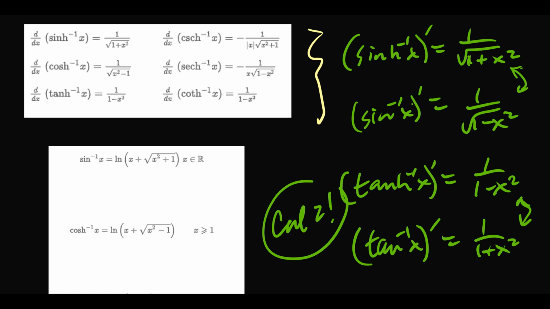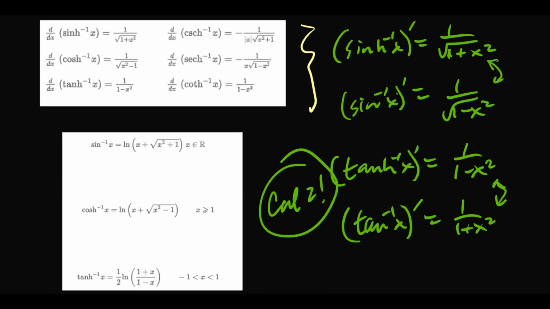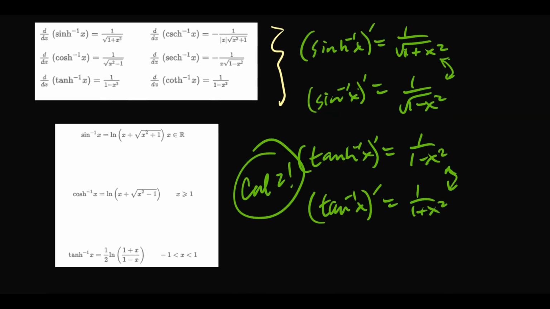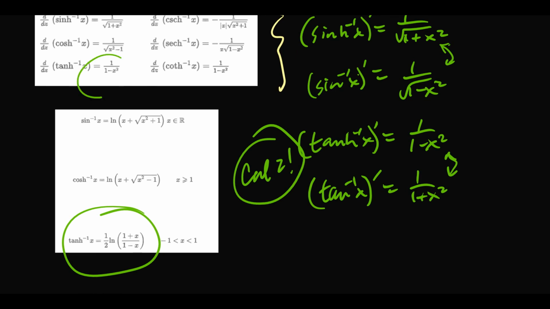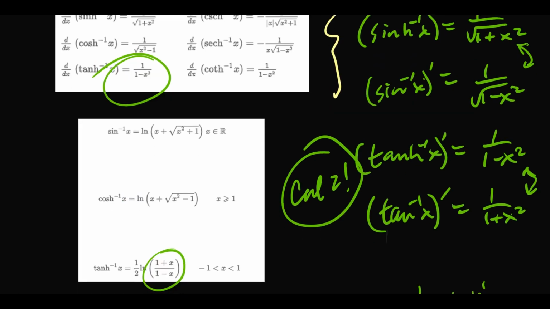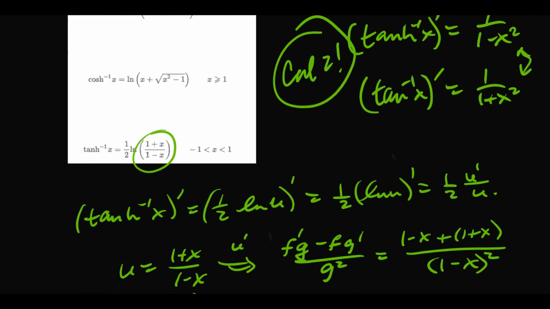So let's derive one of them, and I'll do it really quickly. We just proved this one, so let's derive this one up here. All right, what I've done is I've already done it, and I'm just going to walk through it.